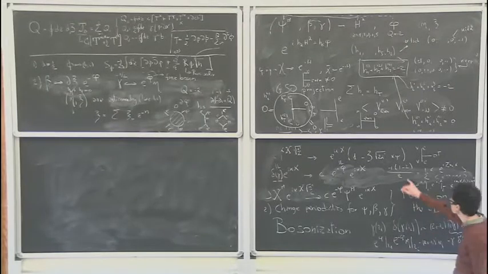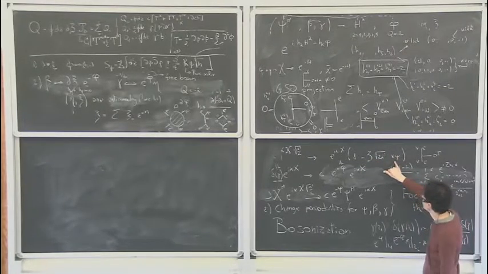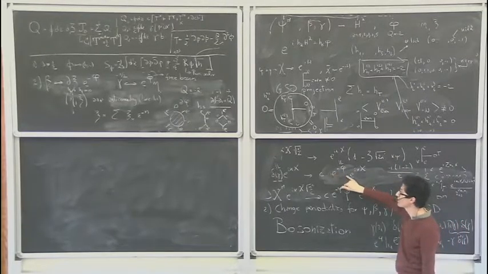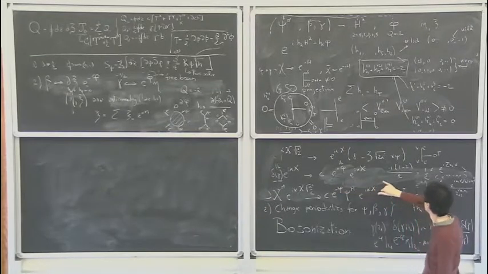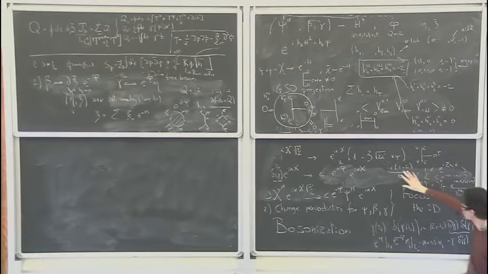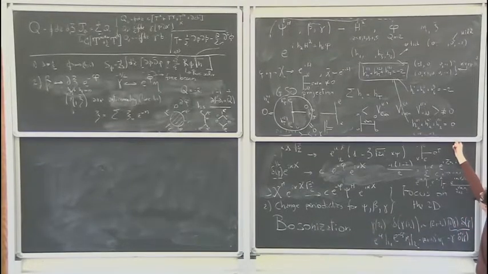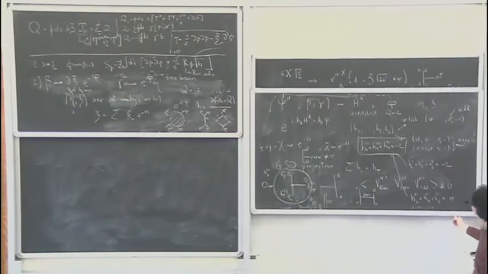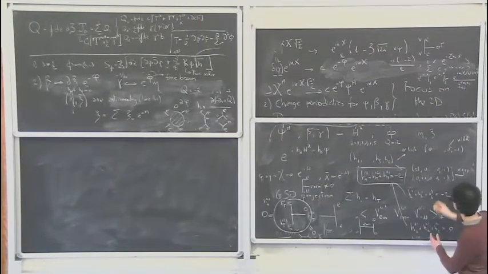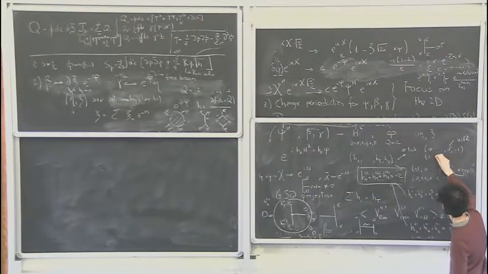You would take this object here, and you don't need to dress it with e to the -5. That's not the full version, but that's the bit which I need. So you can have another representative of the tachyon state that looks more like this.